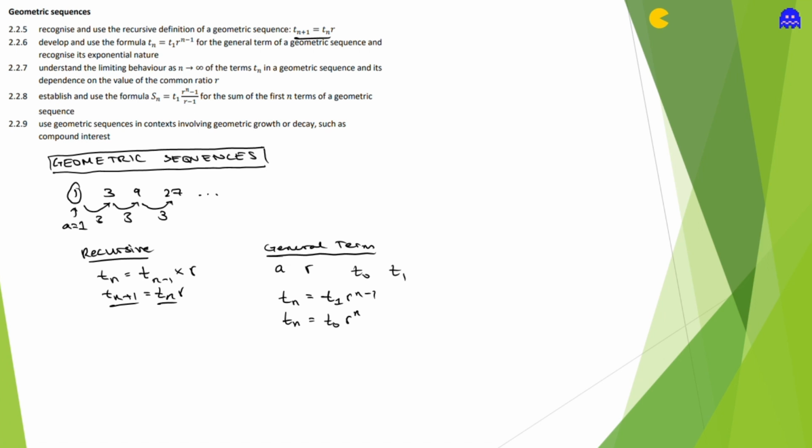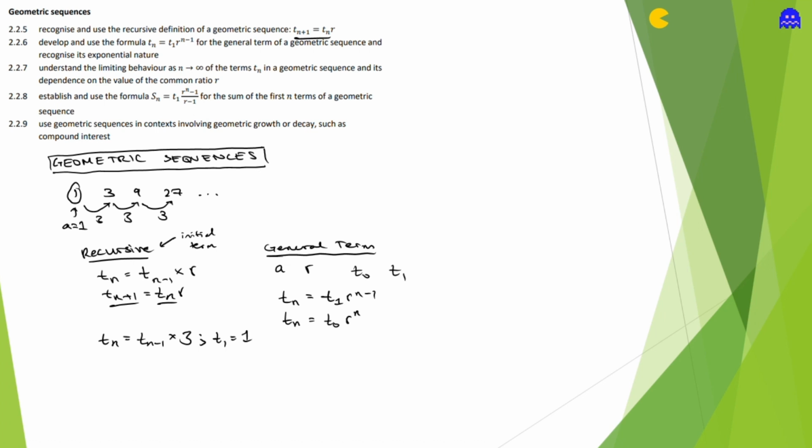And if we want to actually come to a real definition of the geometric sequence in the recursive rule, we also need to know what our initial term is. So the sequence above is given by the recursive rule of t_n equals t_(n-1) multiplied by 3, where our initial term, t1, is equal to 1.